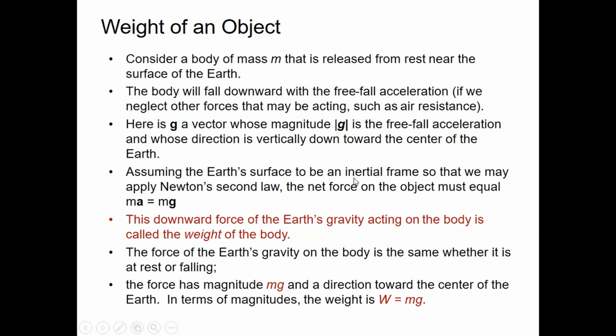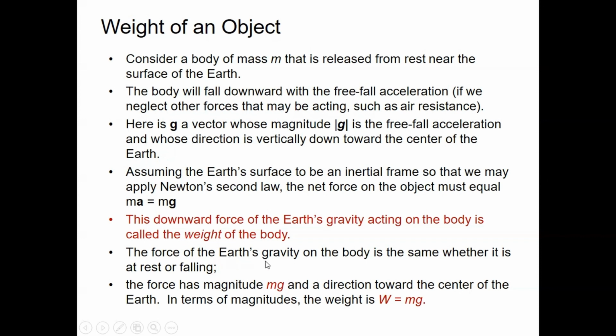Assuming that the Earth's surface is an inertial frame, we can apply Newton's second law, and the net force on the object is equal to m into g. The force is mass times acceleration. This downward force of Earth's gravity acting on a body is called the weight. So weight is mass times the gravitational acceleration.